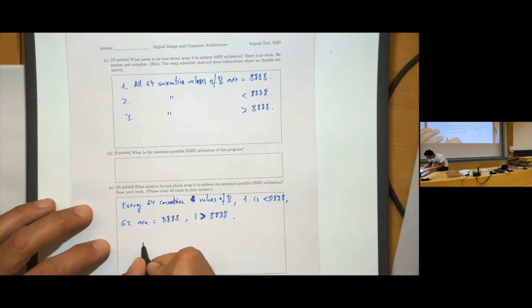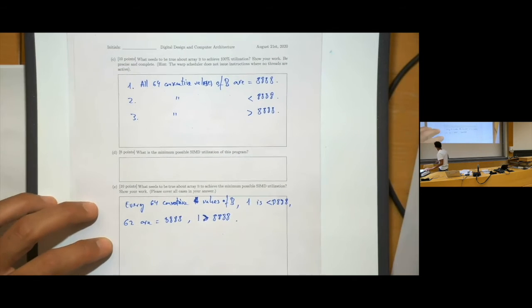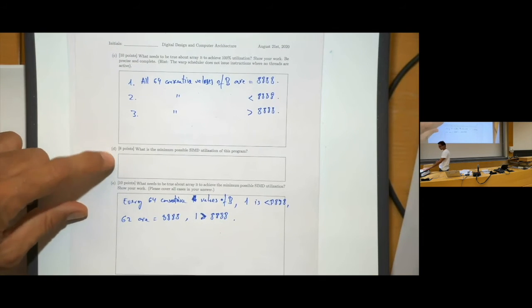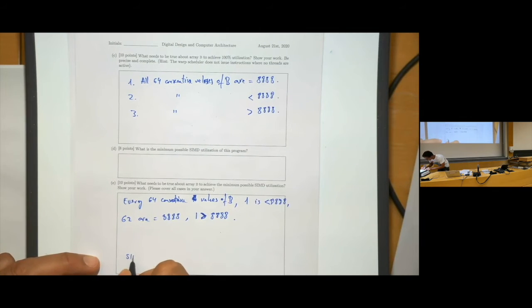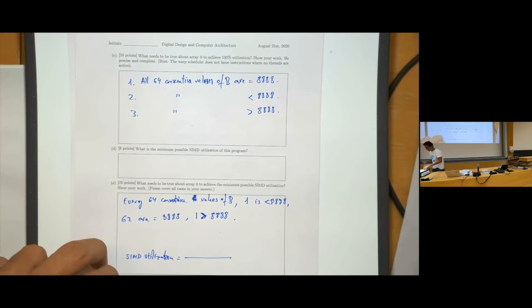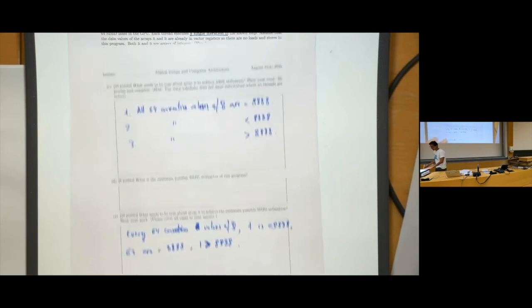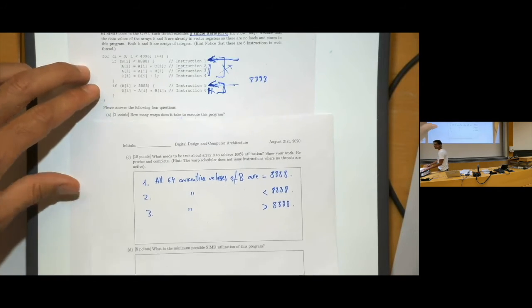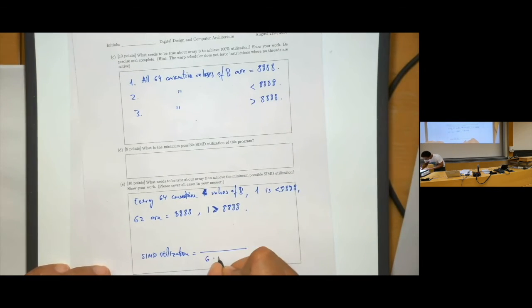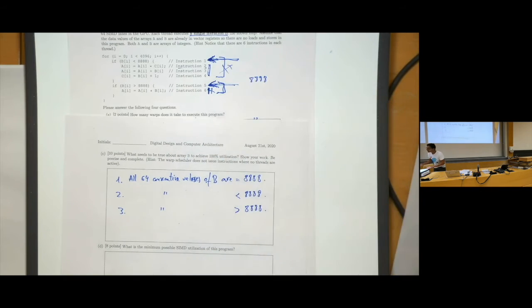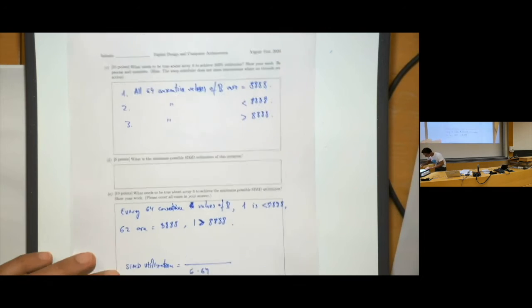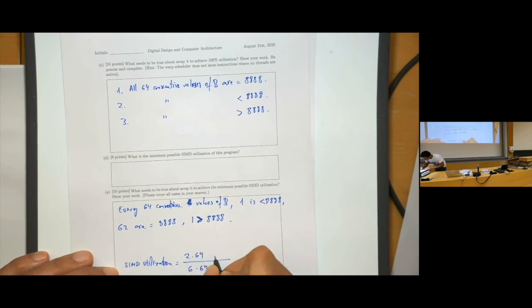And now here I'm going to make use of this space, even though I'm going to calculate the answer to part B. So here I calculate the SIMD utilization as: what's the total number of instructions? Remember, that is 6 times 64. Now remember that there are 2 instructions that are always executed by all threads, no possible divergence there, so it's 2 times 64.